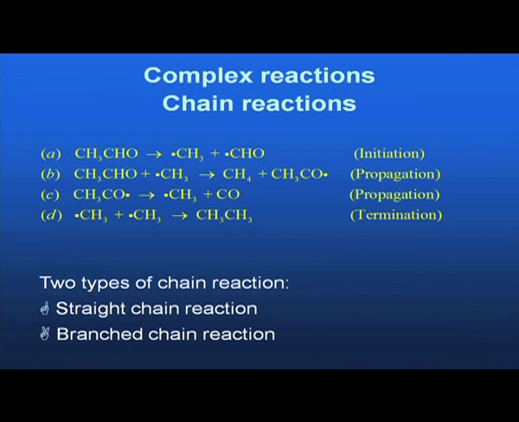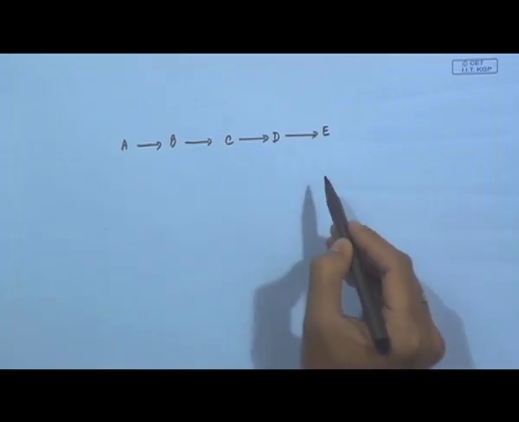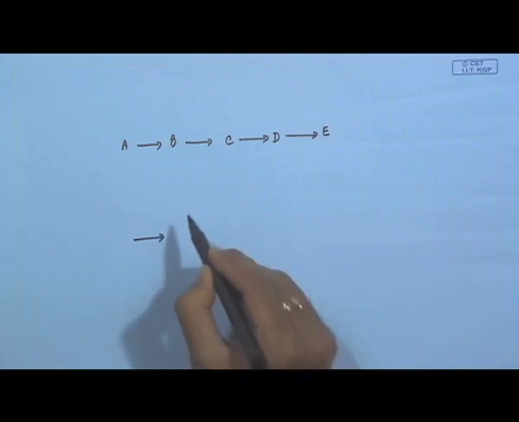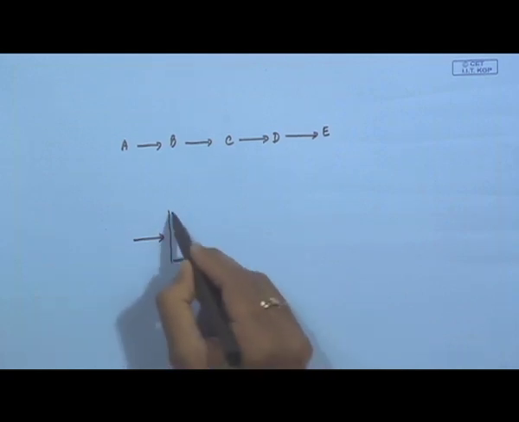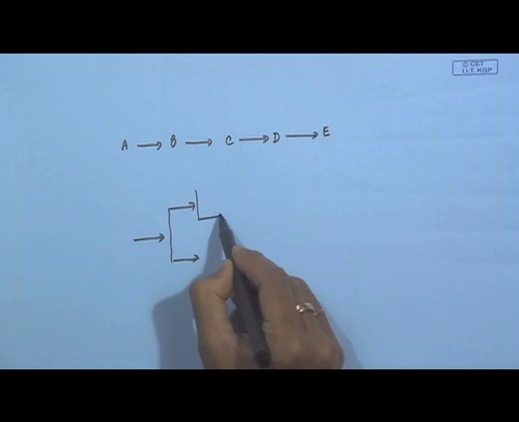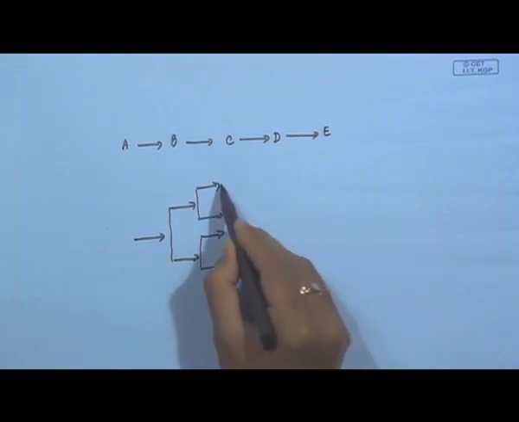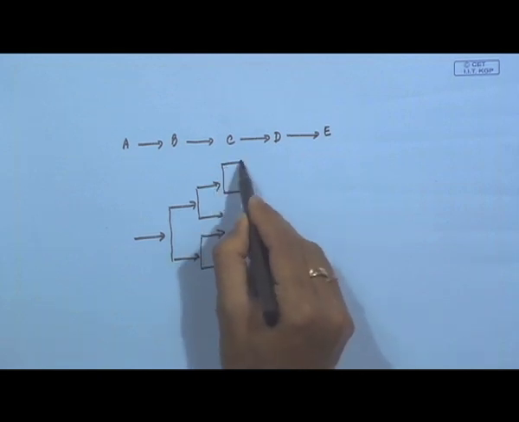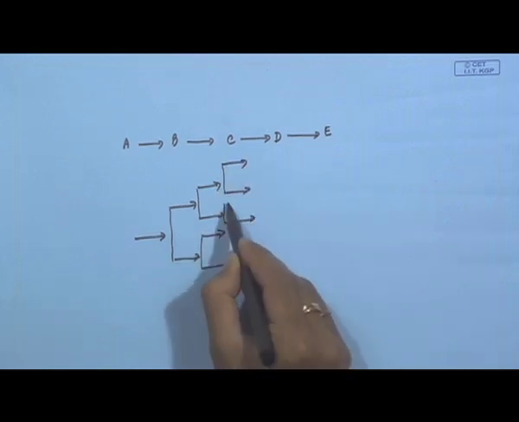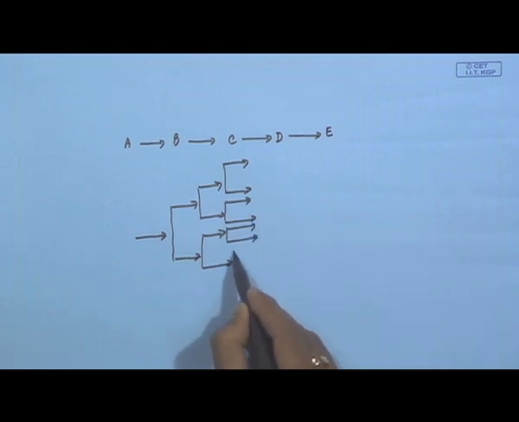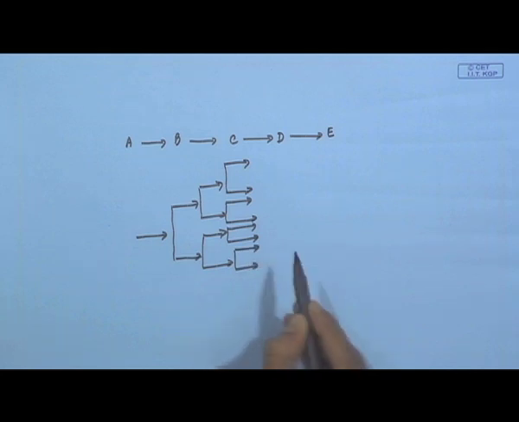Now, two types of chain reactions may be possible. One is like I have drawn over here, a straight chain reaction. Another could be a branched chain reaction, like starting point and then it is doing like this, then it is further branched like this, and so on. And you see, as time passes, too many steps are coming into action.